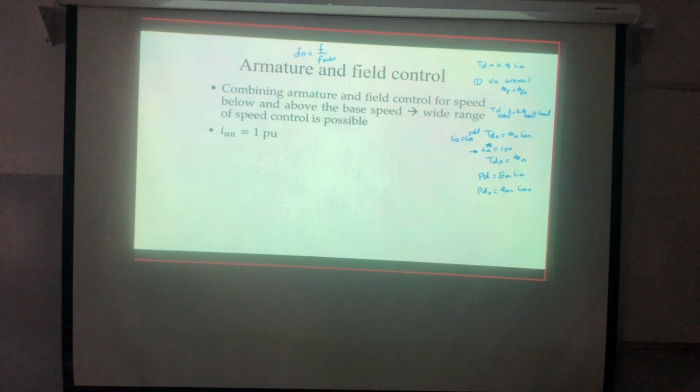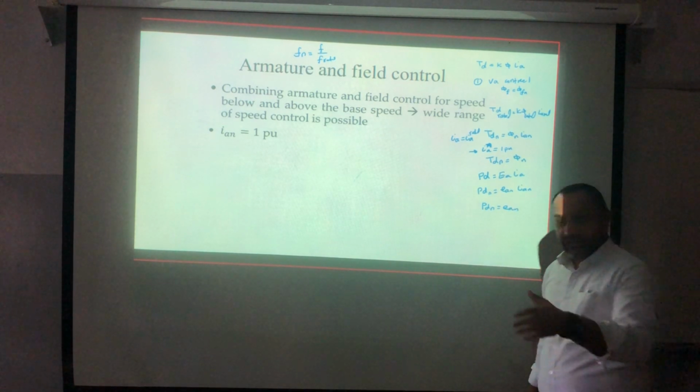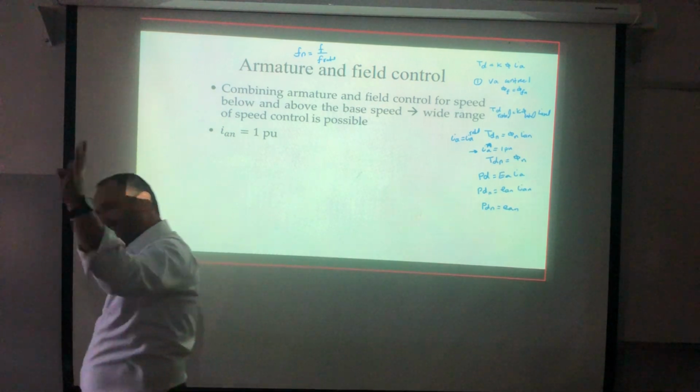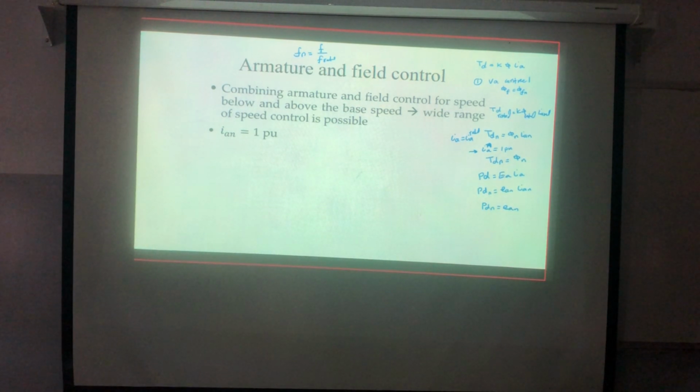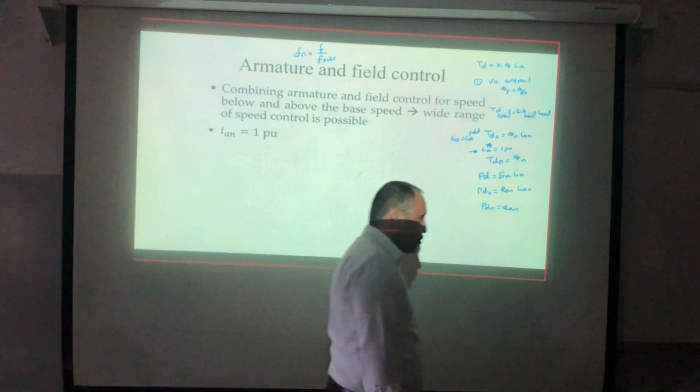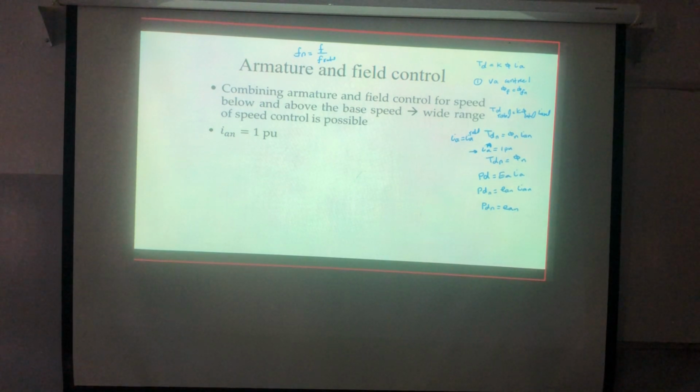So if IA normalized equals 1 per unit, this means that the curve of the power developed is equal to what? So simply here I need to plot only two curves: the normalized torque, which is identical to the flux, and the back EMF normalized, which is identical to the power in per unit. Good. So now let's try to plot that.